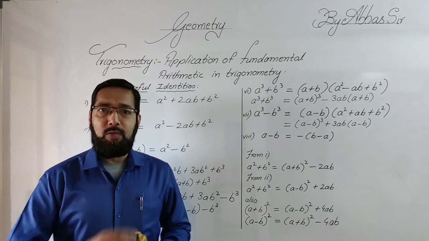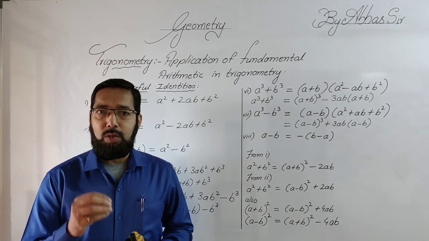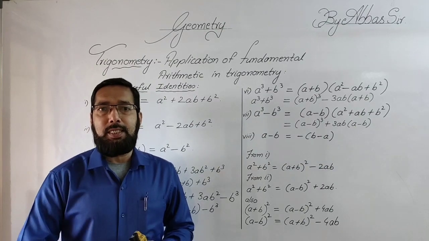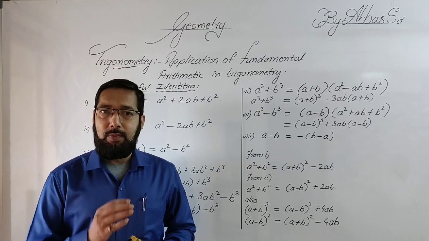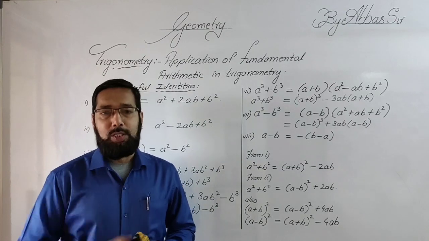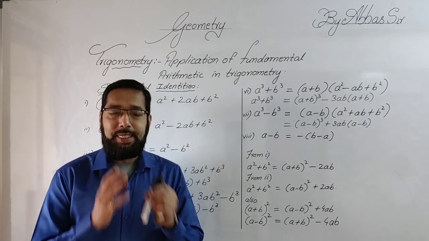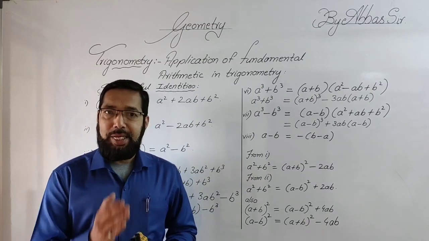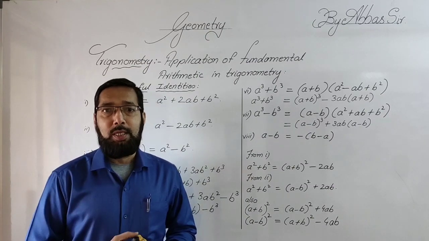But in our discussion of this part, you will come to know that it is not that we do not know the trigonometric identities to be applied in the sums. Actually, we lack in our basic arithmetic knowledge. We do not know the expansions of many identities. We do not know many of the other algebraic identities that are going to be used in proving the questions in trigonometry.